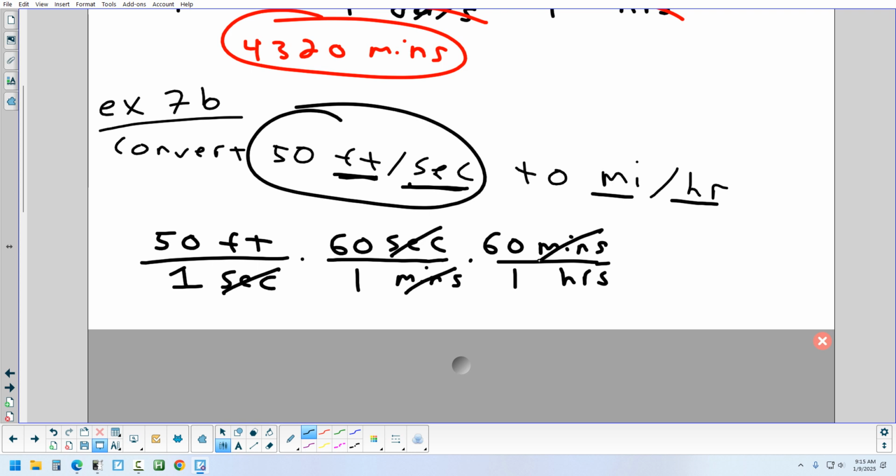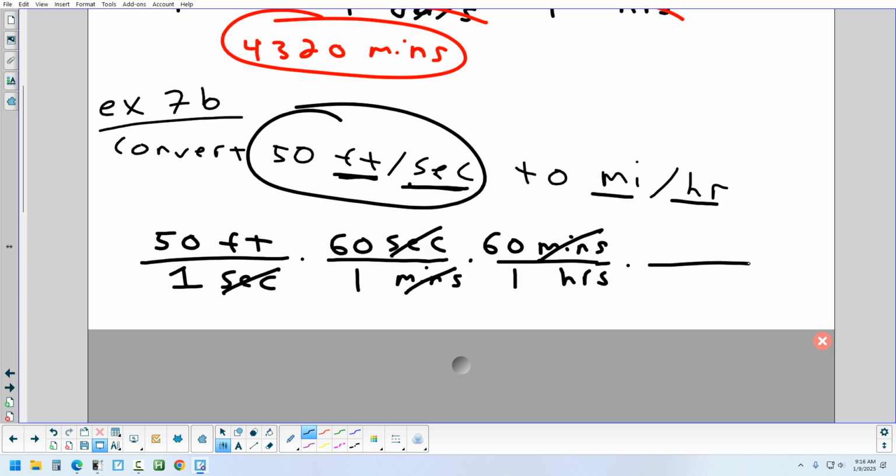Okay, if we stop there, what would be my unit now on my final answer? I would have feet per hour. So I'm close. I have feet per hour. I want miles per hour. So the last thing I need to get rid of is feet. Even if we don't know how many feet in a mile, we should, because we just said it, we should know where feet is going to go.